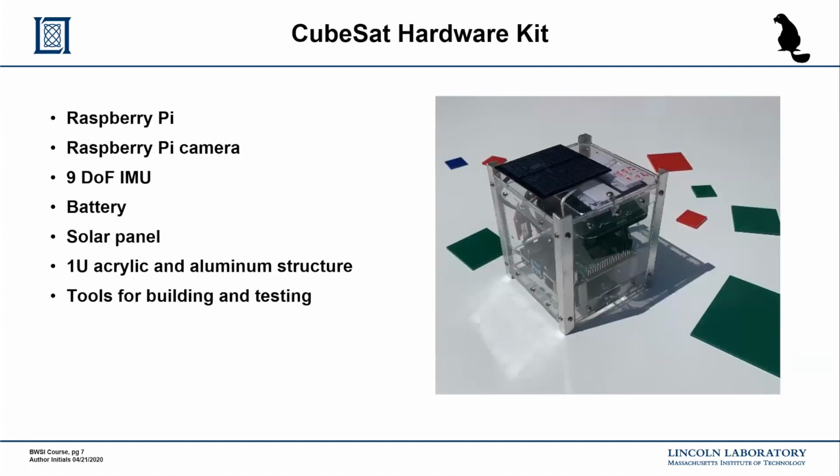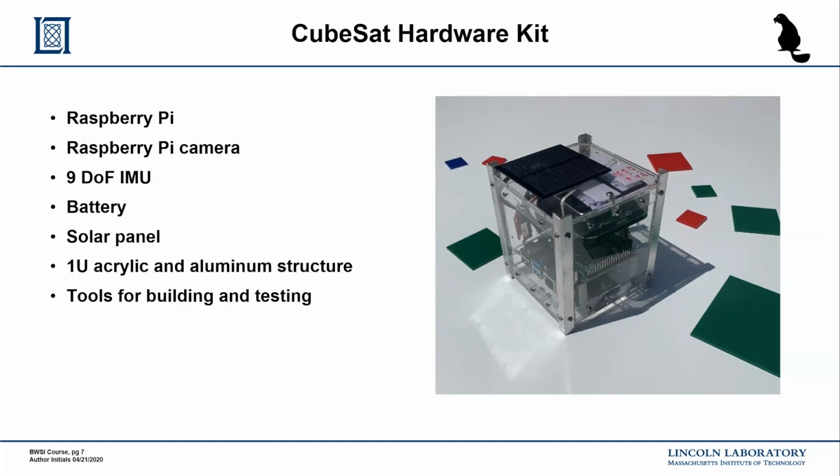The CubeSat kit that you will be receiving will include some of the following components. You'll have a Raspberry Pi as your flight computer, a Raspberry Pi camera as your science instrument. You'll have a 9 degree of freedom IMU to determine the orientation of your CubeSat. You'll get a battery and a solar panel to power your CubeSat, and a 1U acrylic and aluminum structure to hold it all together.